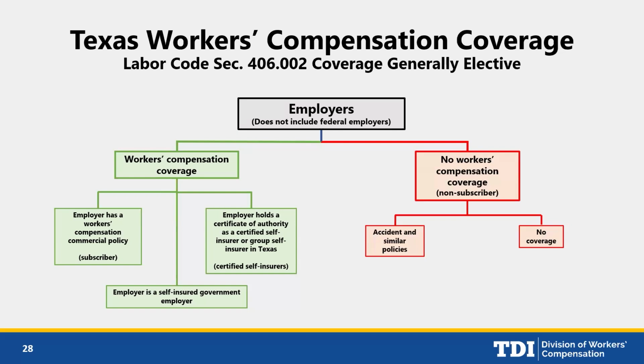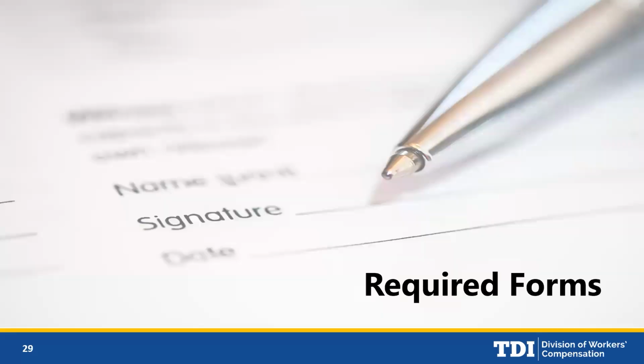Some of those non-subscribers could have accident policies, little policies, but they are not the same as workers' compensation. If you're in doubt on whether the employer had coverage, we have tools for you. There were tools on that handout. And if you're going through all of these webinar videos, you will have instructions on how to find out if your employer had coverage at the time of the injury.